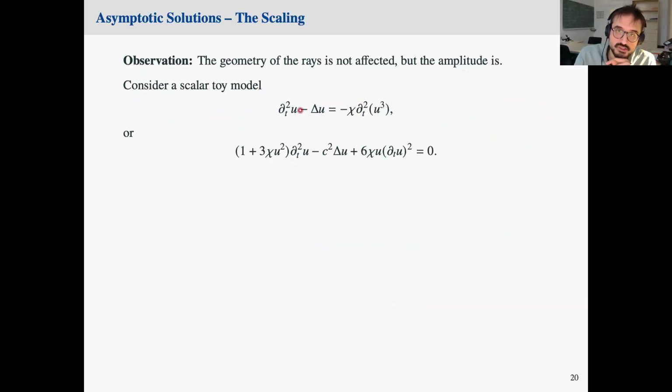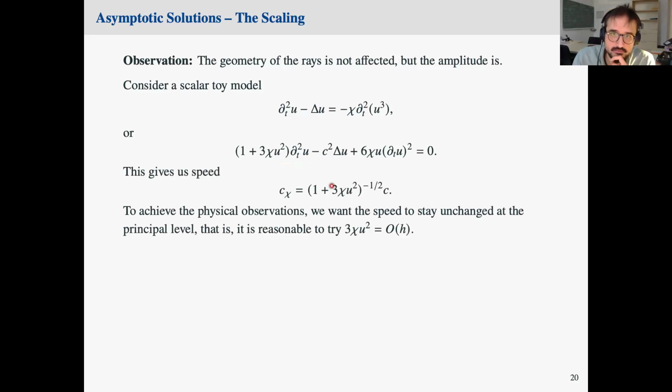So if you consider a scalar toy model where you have this cubic nonlinearity, and you do the same thing that we did before with Westervelt, you bring everything to one side to exhibit the quasi-linear character of this equation. Then you obtain a speed which looks like that. And this is a heuristic again.